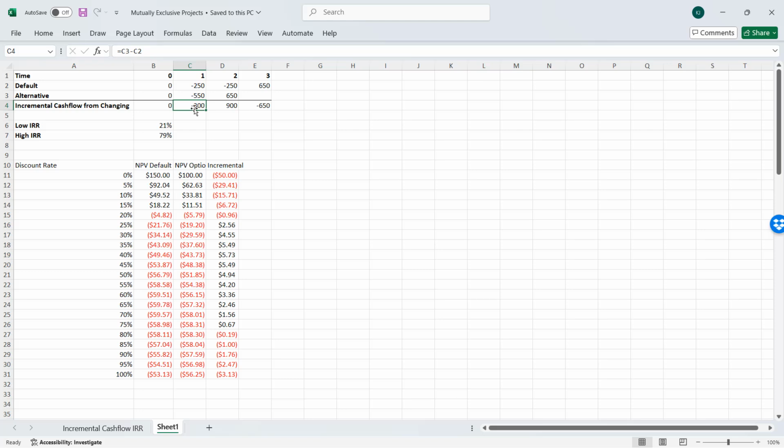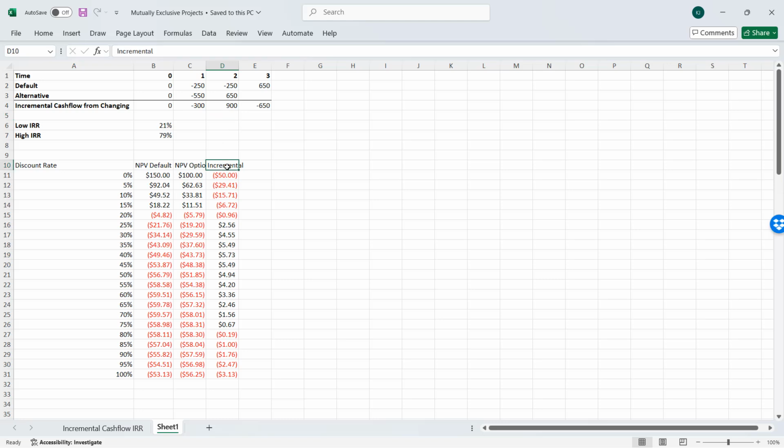So the incremental cash flow in year one from switching is an extra 300,000, or 300, out the door in year one. But in year two, we're going to get an extra 900. That's the difference between the alternative and the default.